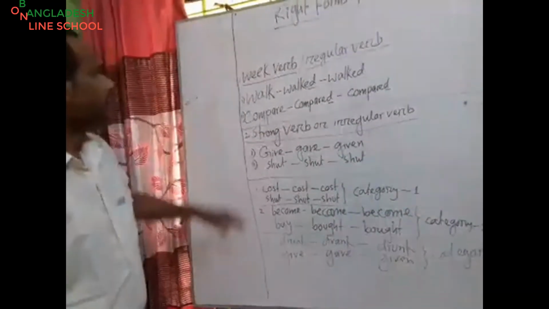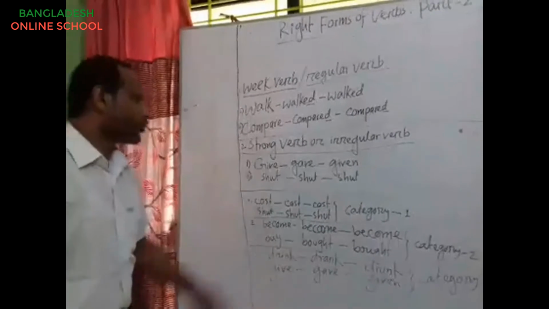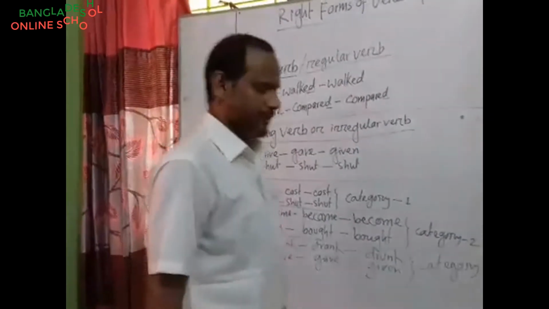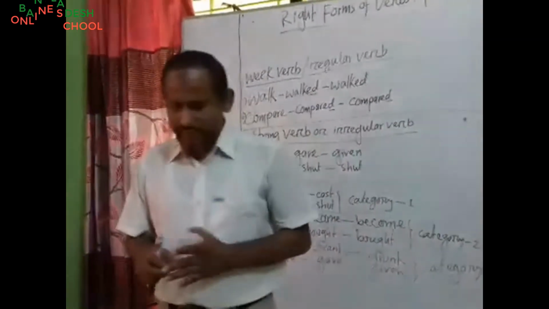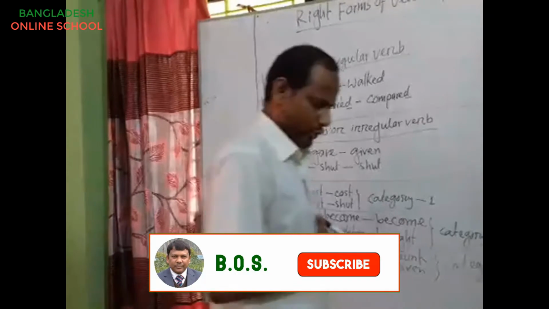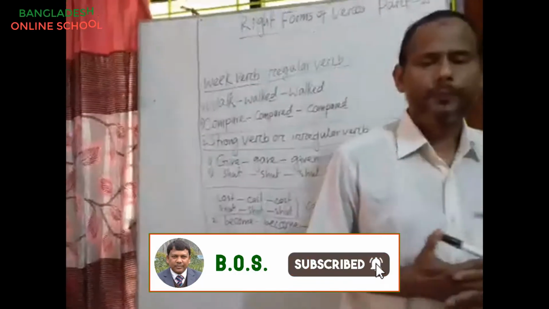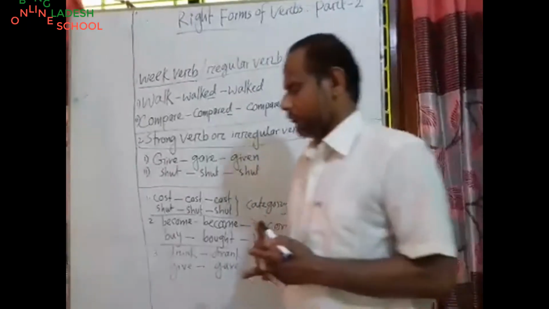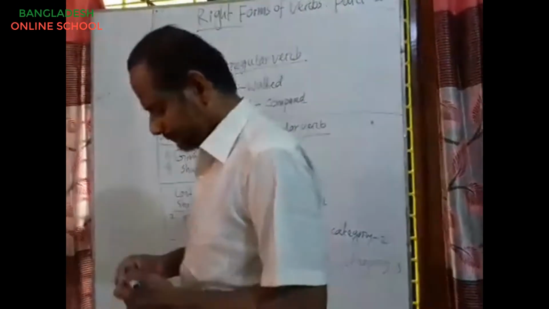I think you could understand weak verb and strong verb and categories of strong verb. This idea, this knowledge will help you to understand strong verb and weak verb well.